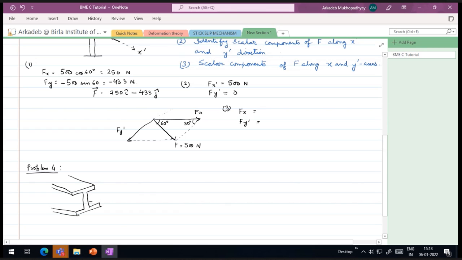Okay, so you have this I-beam like this.